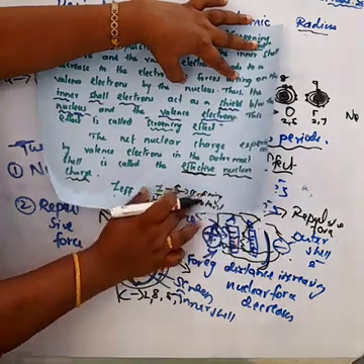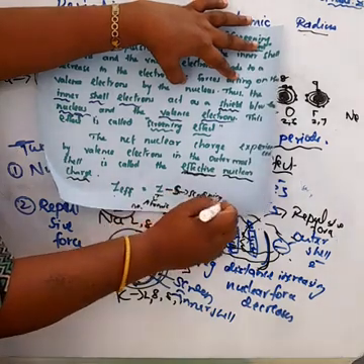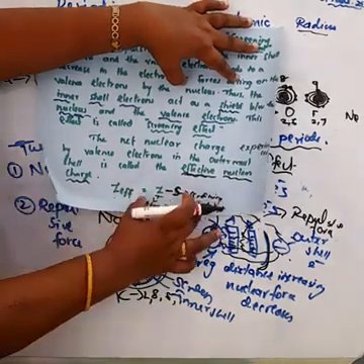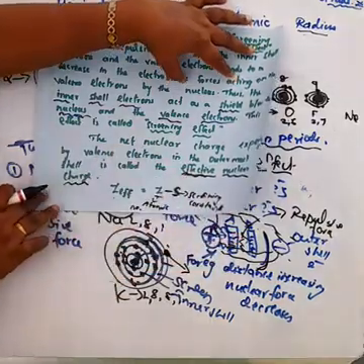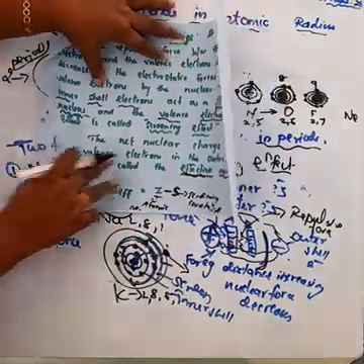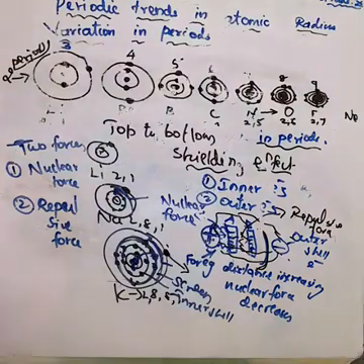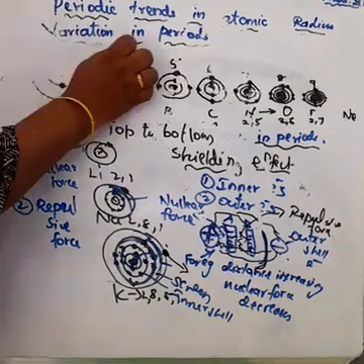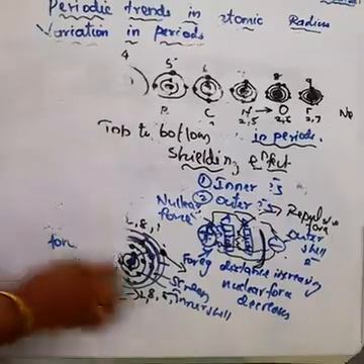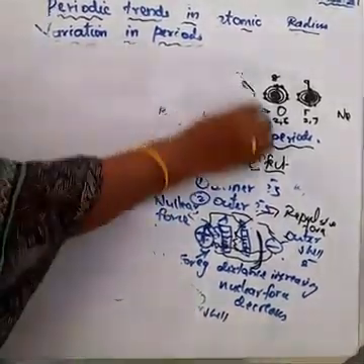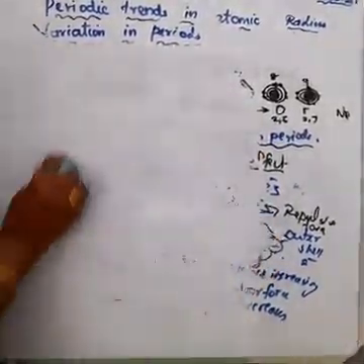So the constant screening value is given by Slater's rule. What is Slater's rule? Slater's rule is given in four steps. We can understand this Slater's rule with an example. I will explain with an example, then you can understand it.